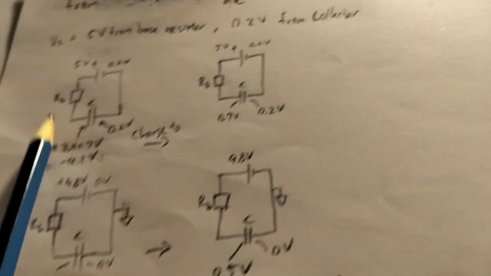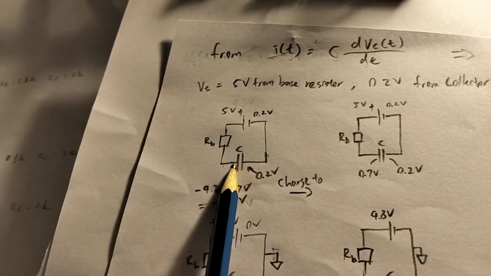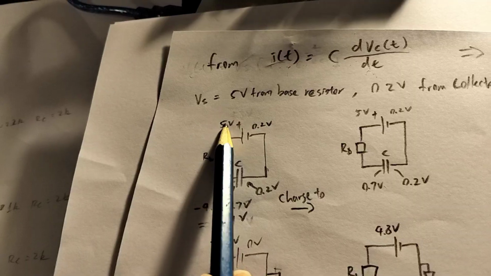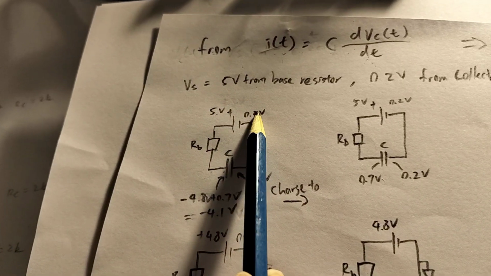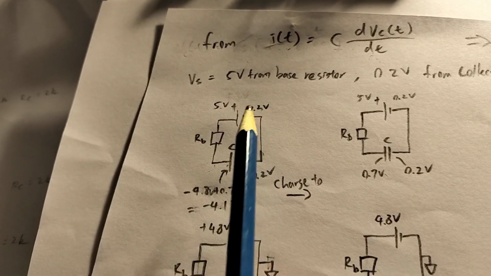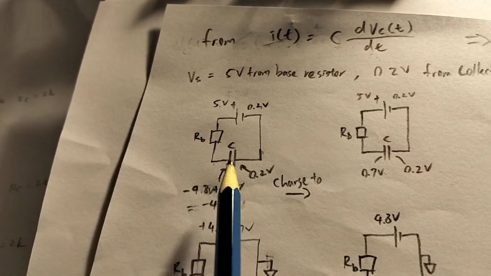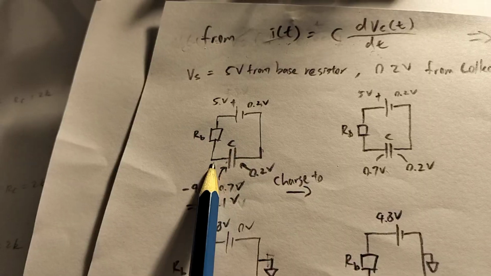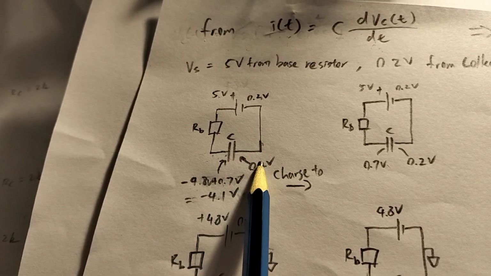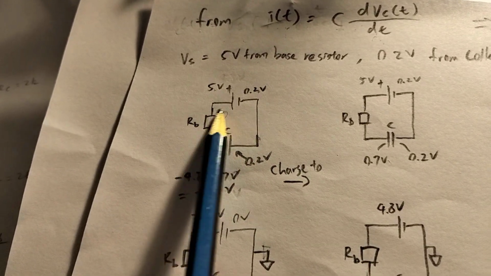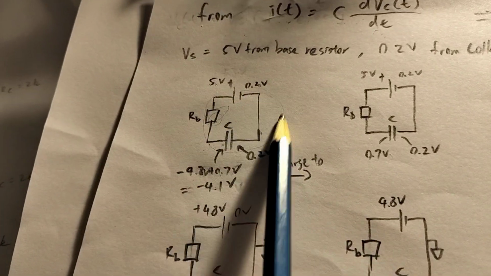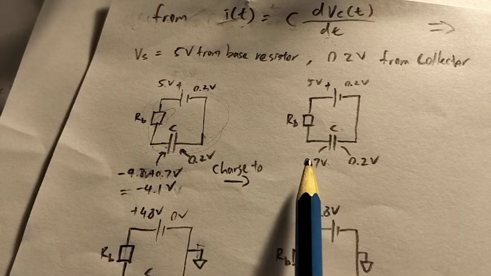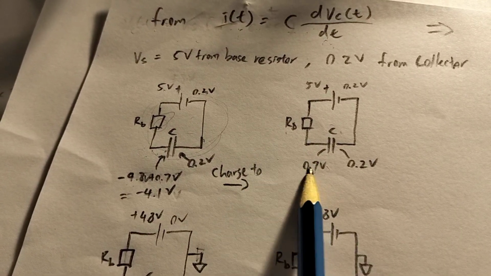The circuit we're really looking at has some voltage supplied by the base resistor at 5 volts, and then by the collector at 0.2 volts because it's in saturation. The capacitor has one plate at minus VCC plus 0.7 on one side, and 0.2 on the other side, and there's a base resistor here. So it's essentially a series RC circuit, and it needs to charge up to a state where the side facing the base becomes 0.7 volts.